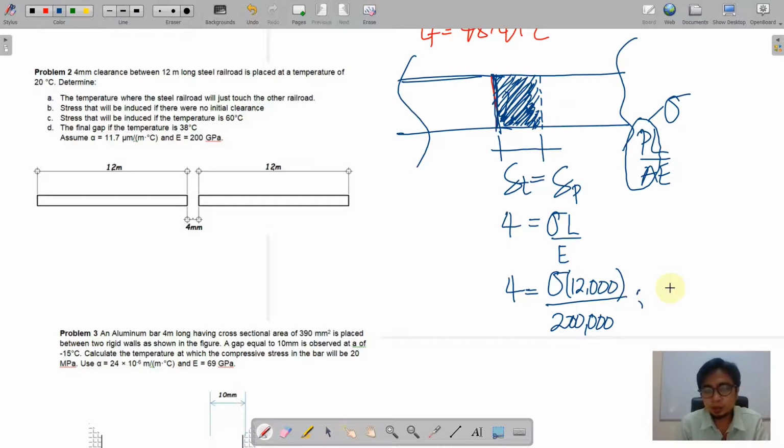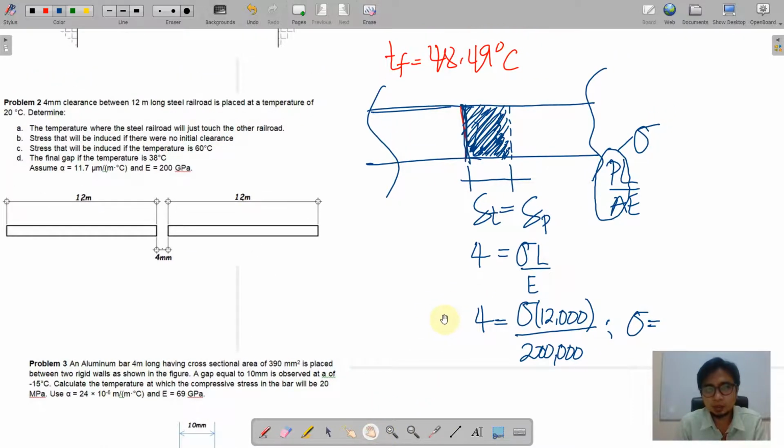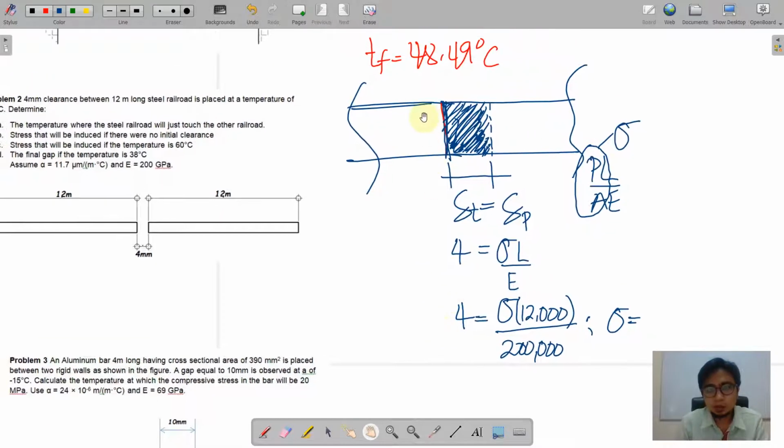So from this equation we come up with the stress that is induced by the push that is caused by a stretch, no? Yung stretch dito kanina, it will cause a push on the adjacent member. Okay? So for the sigma, we have 66.67 megapascals. Okay?